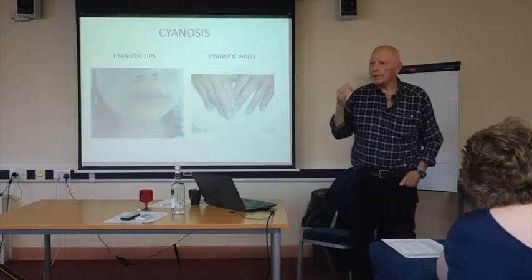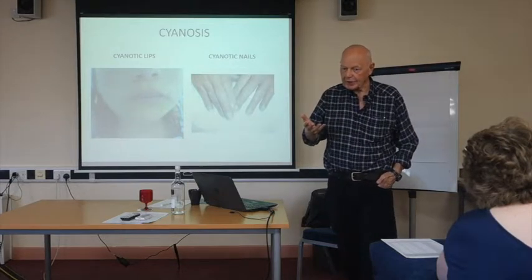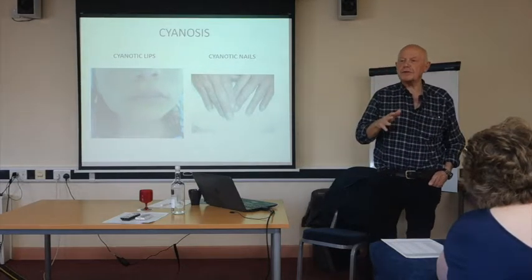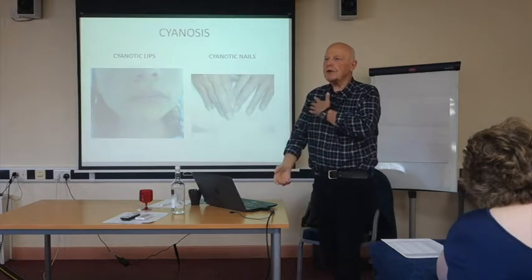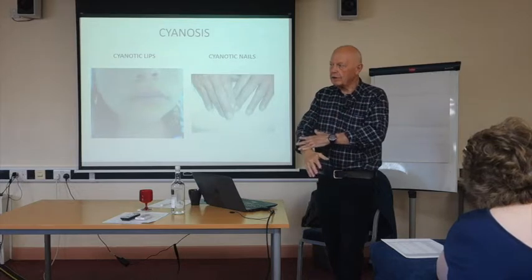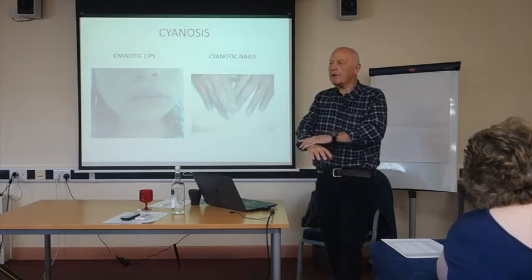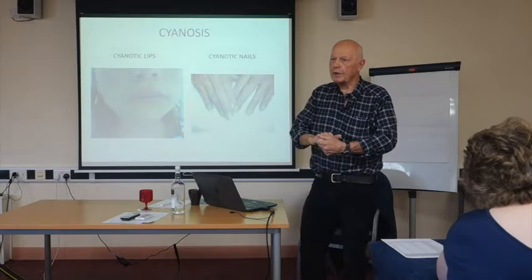Cold and blue: the blue is because the oxygen's not getting there, and the cold is because the blood's not getting there either. Typically that would be a single artery that's occluded, and the area served by that artery would be cold and blue.